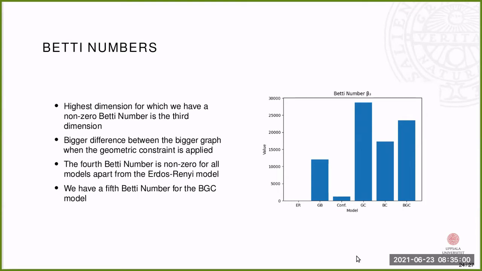But we see that having both a block constraint and a geometric constraint gave more order than the general biological model.